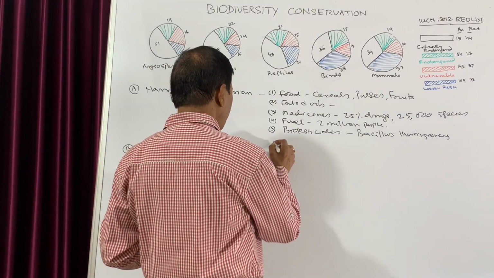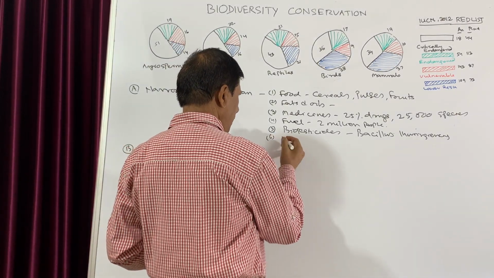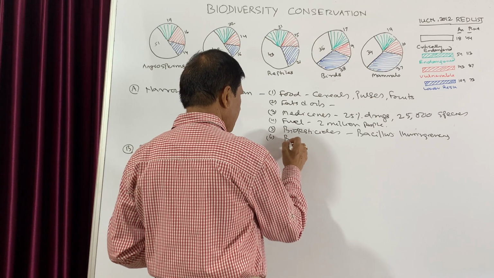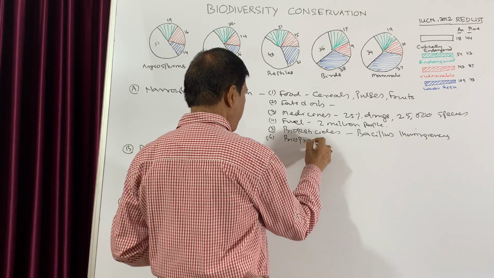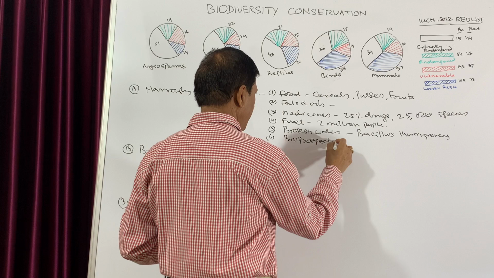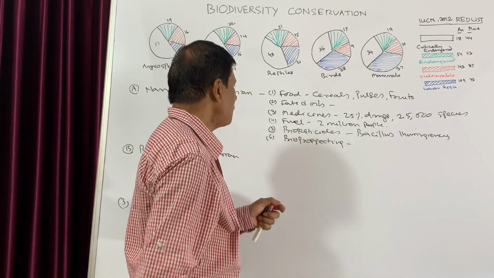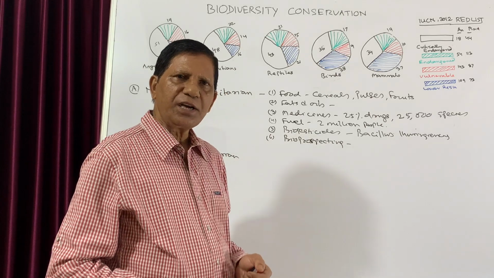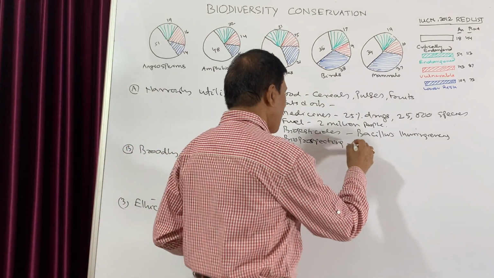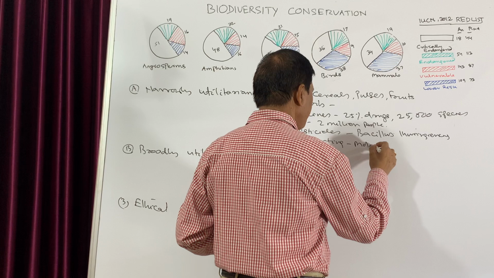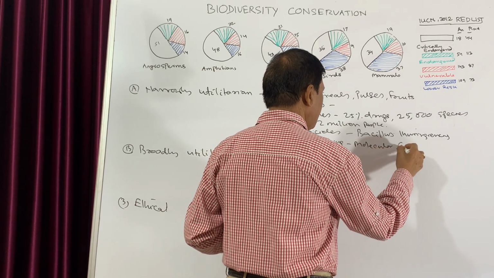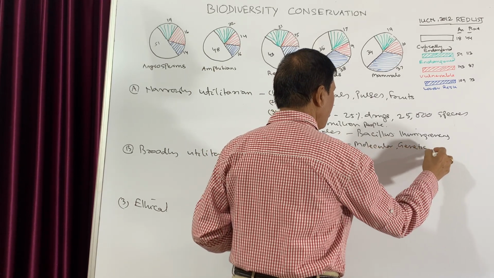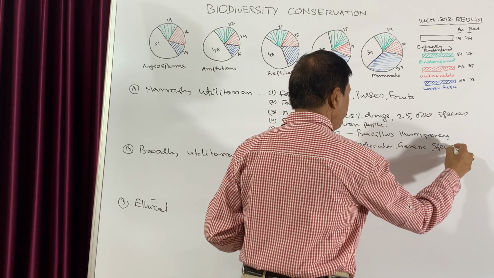Then among others, it may also be bioprospecting. Now what is this bioprospecting? This is important because there are variations at the molecular level, genetic level, and also the species level.